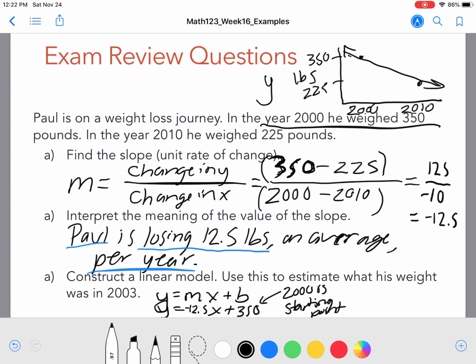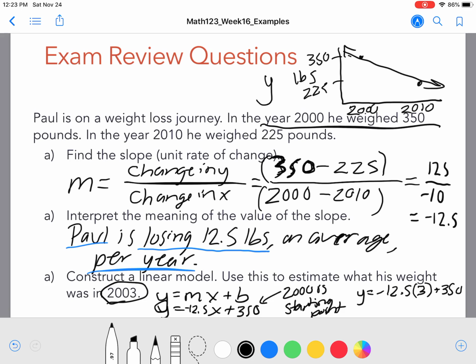So then when I actually go to estimate what his weight was in 2003, what I'm going to do is I'm going to take y equals negative 12.5 times something plus 350. And then in order to figure out what I plug in for my x, if I know 2000 is the starting point and I want to figure out what he weighed in 2003, that means it's been 3 years.